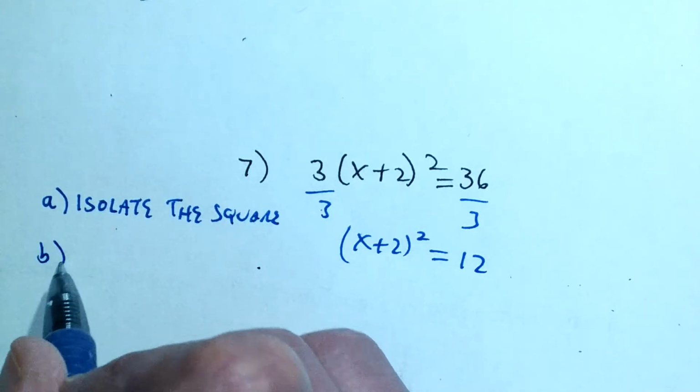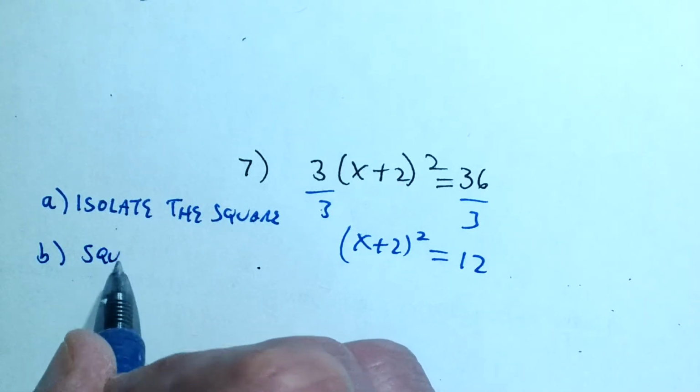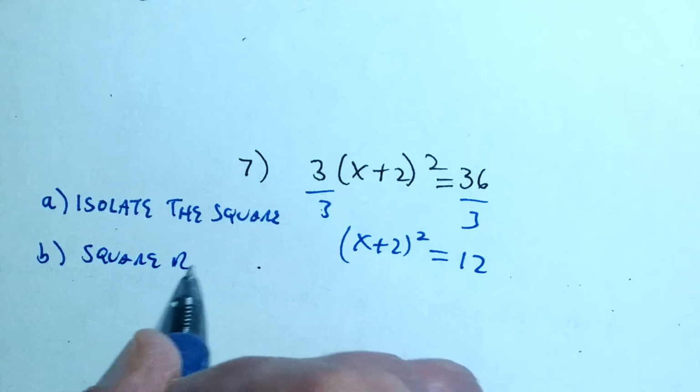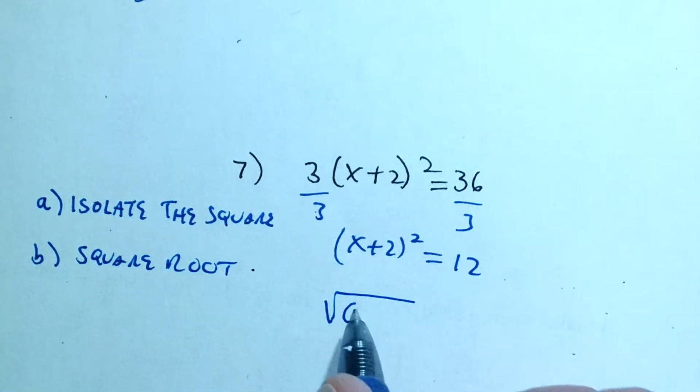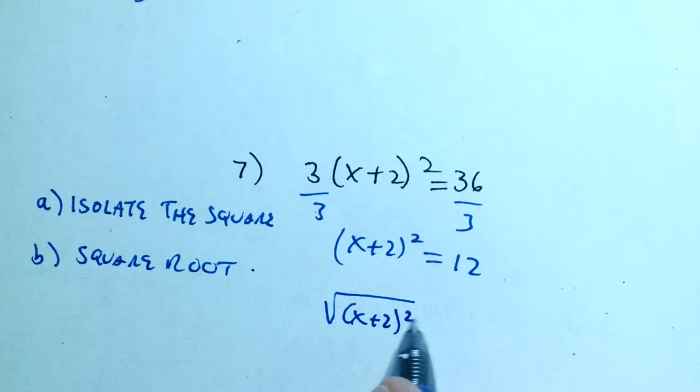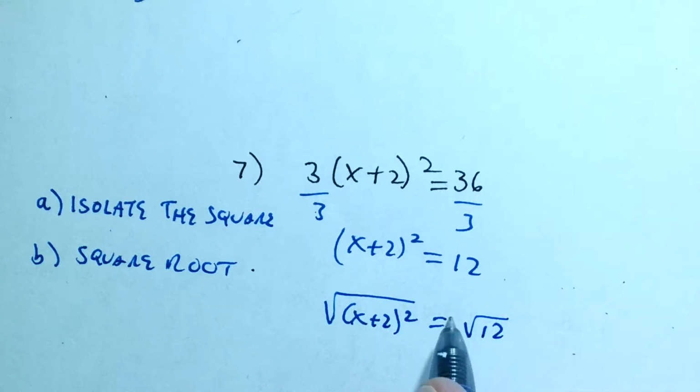And so we take the square root of both sides. And in this particular case, we would get this. Don't forget, we will have both plus or minus, because it's possible the amount under there when squared that gave me 12 could have been a positive or a negative version.